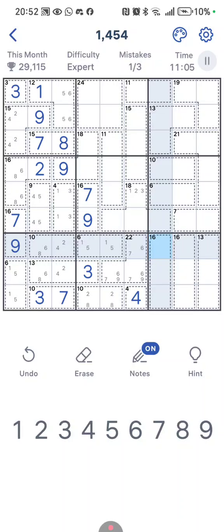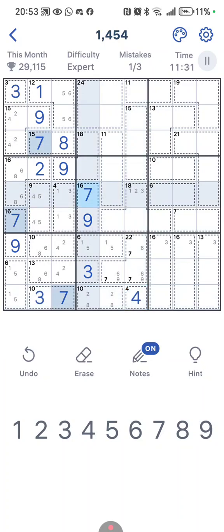Okay, we know 3 has to go along here. 4. 6, 6, 6.